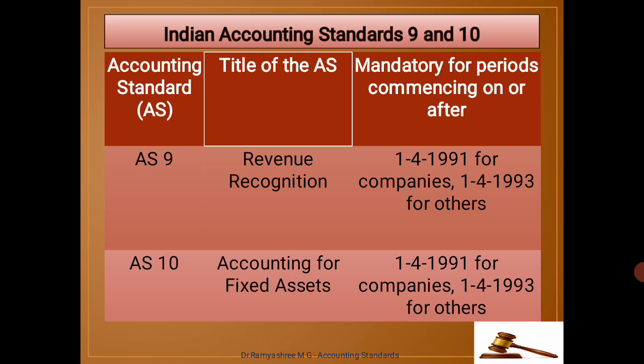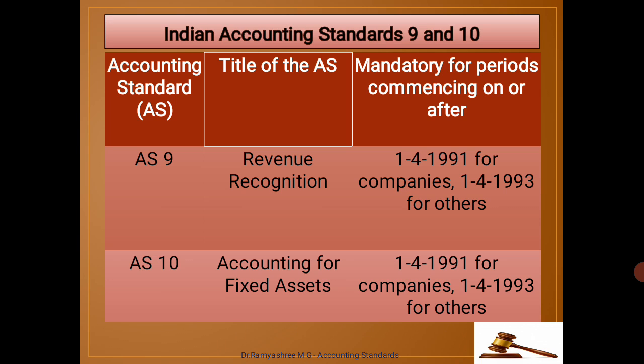Indian accounting standard 9 deals with revenue recognition. This accounting standard has become mandatory from the accounting periods commencing on or after 1st April 1993.